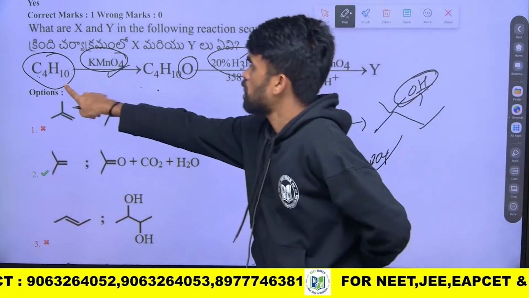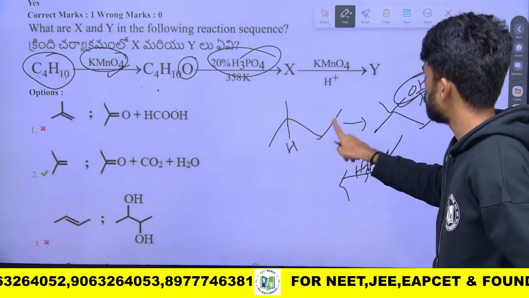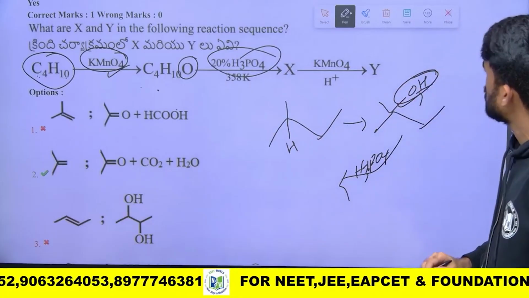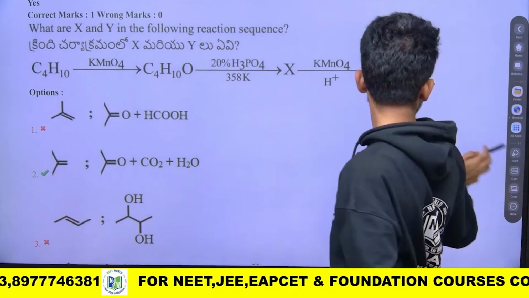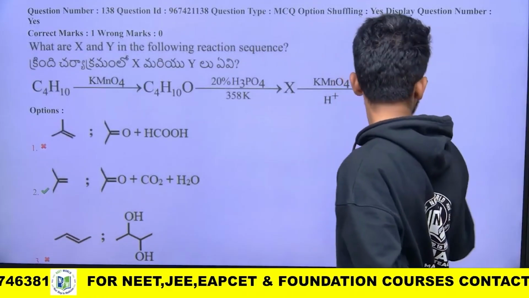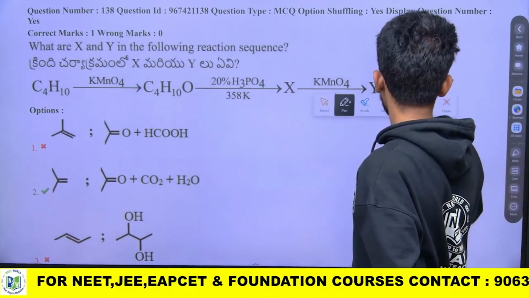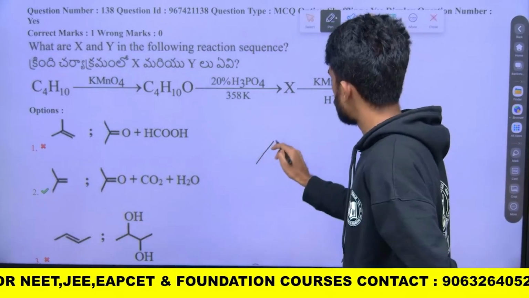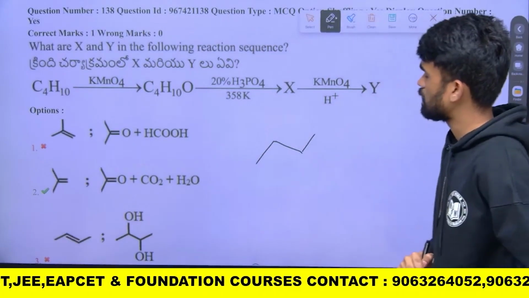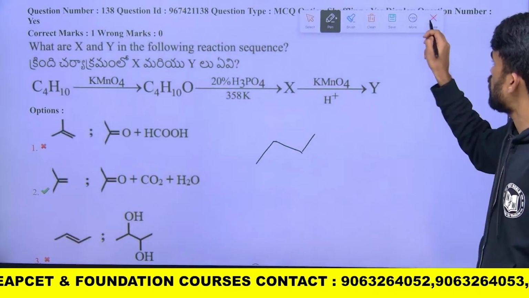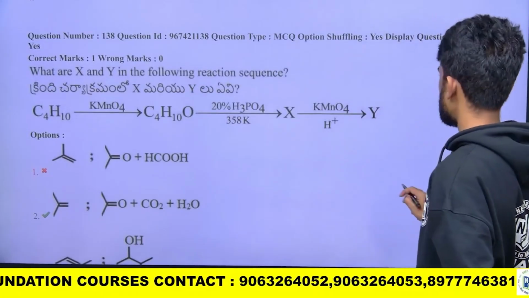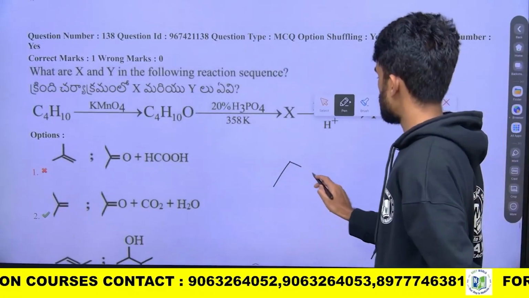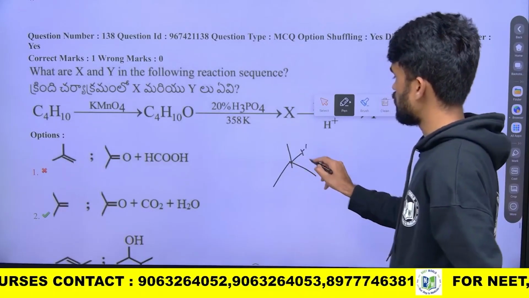Let's retake the initial reagent. First take 4 carbons. If I take it like this, there is no tertiary carbon, so we have to create a tertiary carbon compound. Like this I can take it, so here we have a tertiary hydrogen.